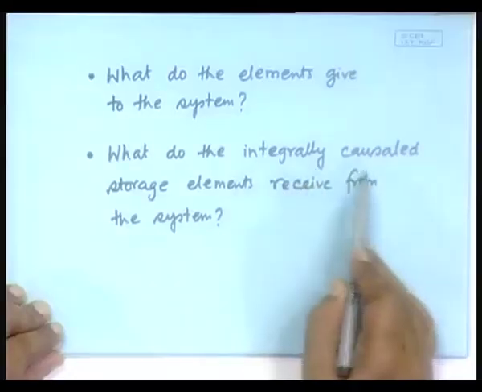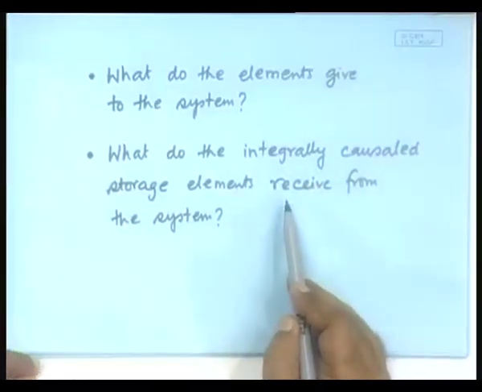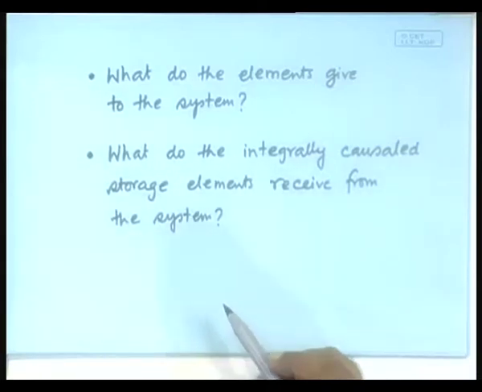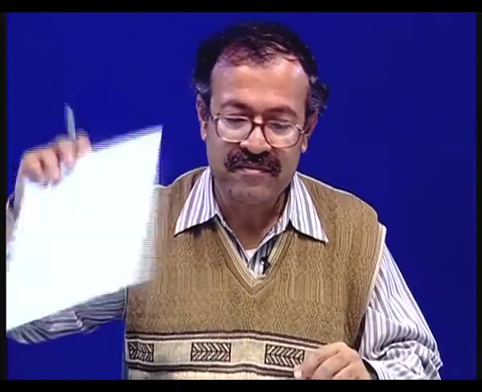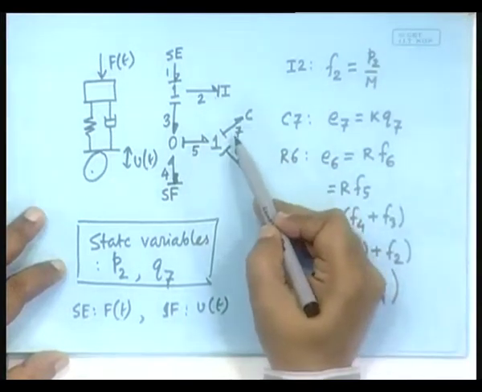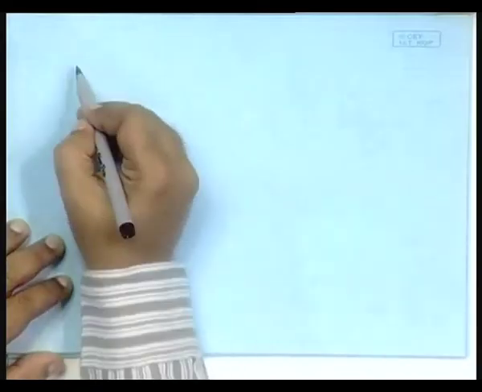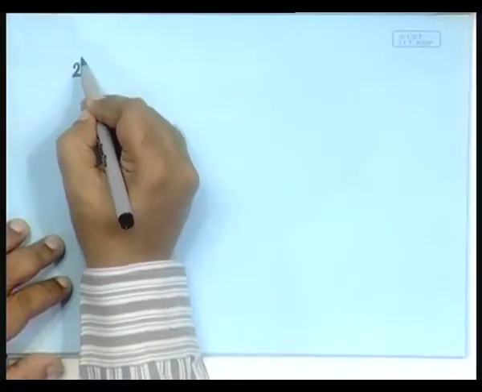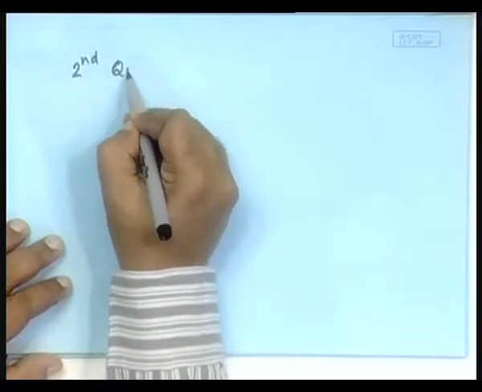Now, let us ask the second question. What was the second question? What do the integrally causal storage elements receive from the system? There are only two integrally causal storage elements, I2 and C7. So, let us first ask this question with respect to I2.